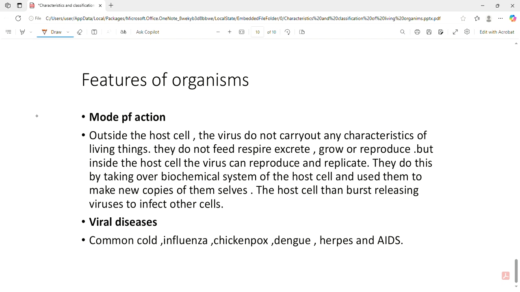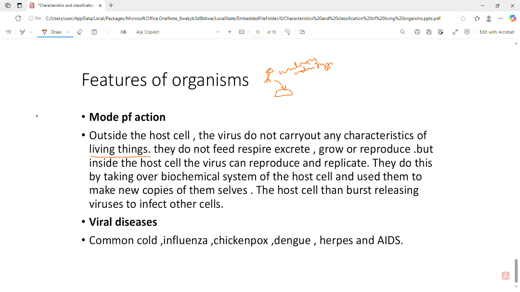Okay. Mode of action. Outside the host cell, the virus does not carry out any characteristics of living things. Outside the host cell, if this is the host cell and this is the virus, it is a non-living thing, useless. But when it penetrates the host cell and multiplies there, then it becomes dangerous.